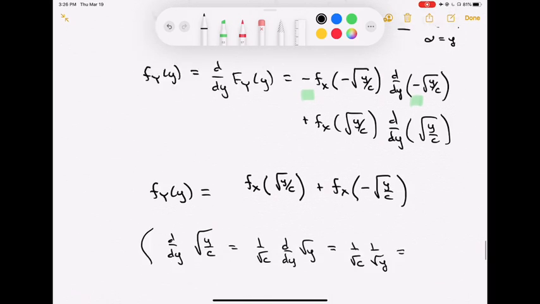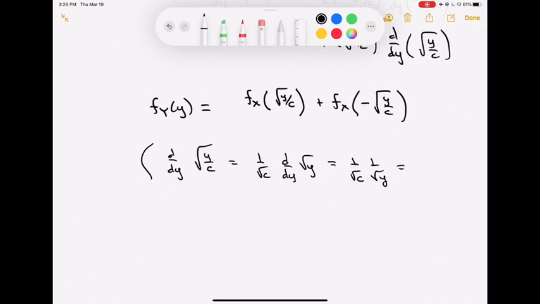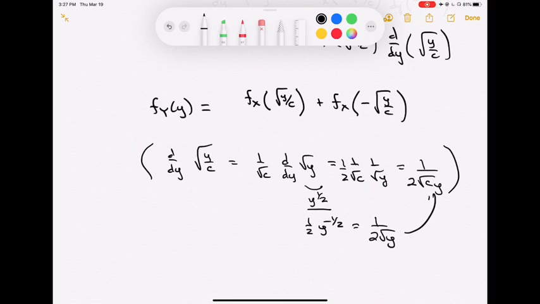They would end up as 1 by root cy. I'm missing a term in here. This is y to the 1/2, so it's also going to have a 1/2 term in it, so I'm going to get a 2 outside there as well. Okay, so I should be all good to go. The derivative of y to the 1/2 is going to be 1/2 y to the minus 1/2, which is 1 over 2 root y. So that's how I got that combined with the root c over here.